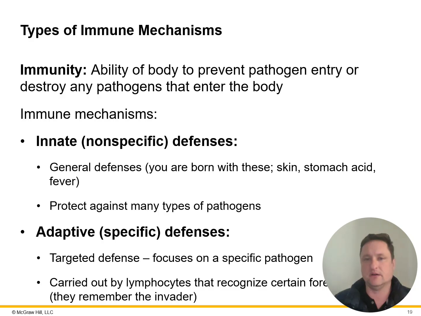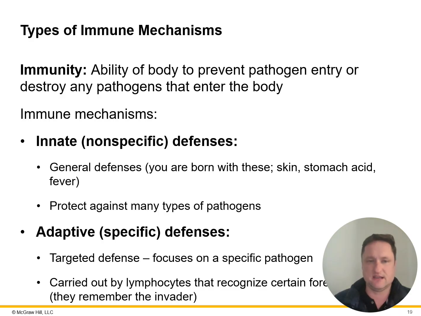Intact skin is a barrier, stomach acid kills microbes, fever slows pathogens and boosts defenses, plus mucus, cilia, inflammation, and phagocytes. And then second, we have adaptive or specific defense. This is targeted protection. Here, lymphocytes recognize particular foreign molecules called antigens.